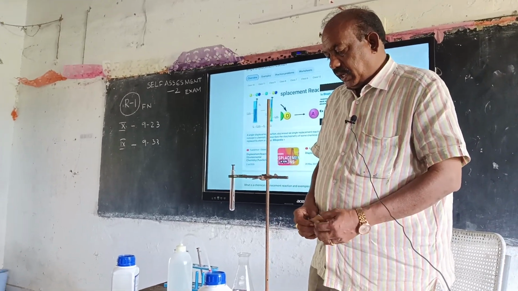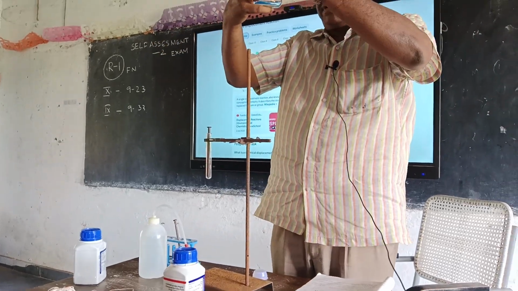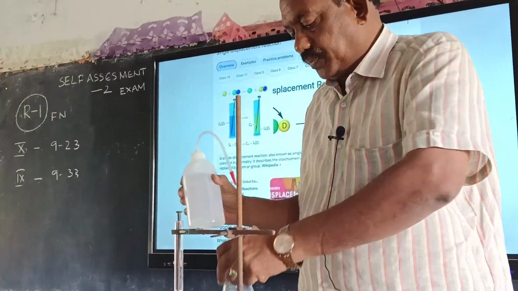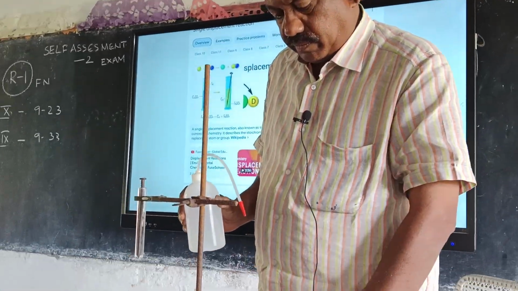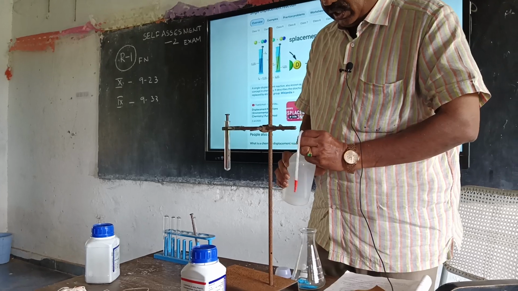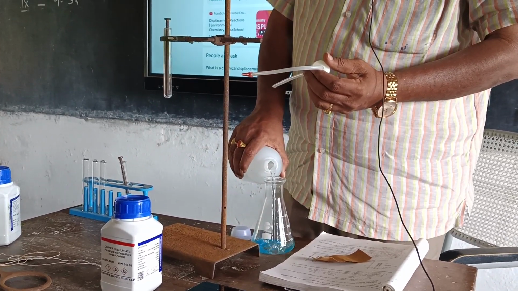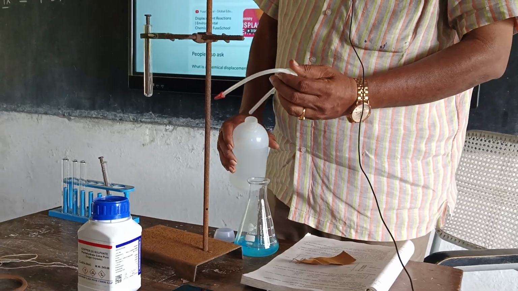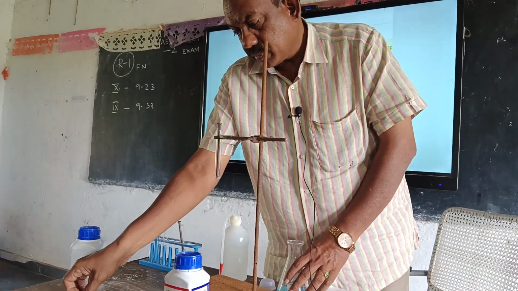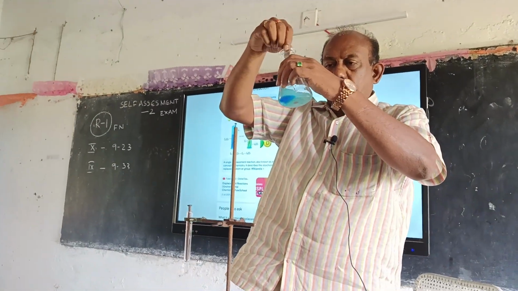First, we make the copper sulfate solution. Take some solute of copper sulfate and pour some water, and then stir it.